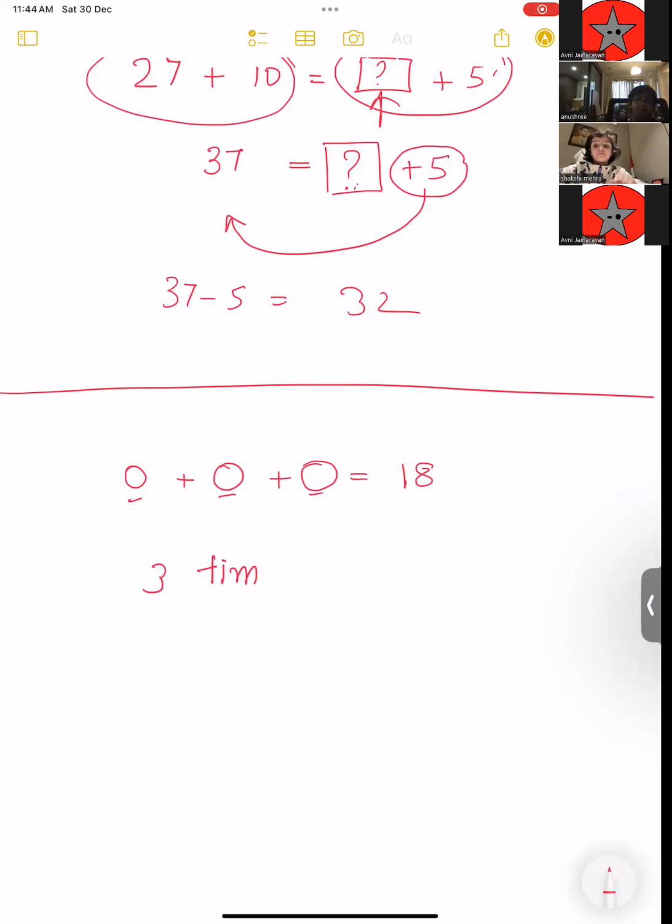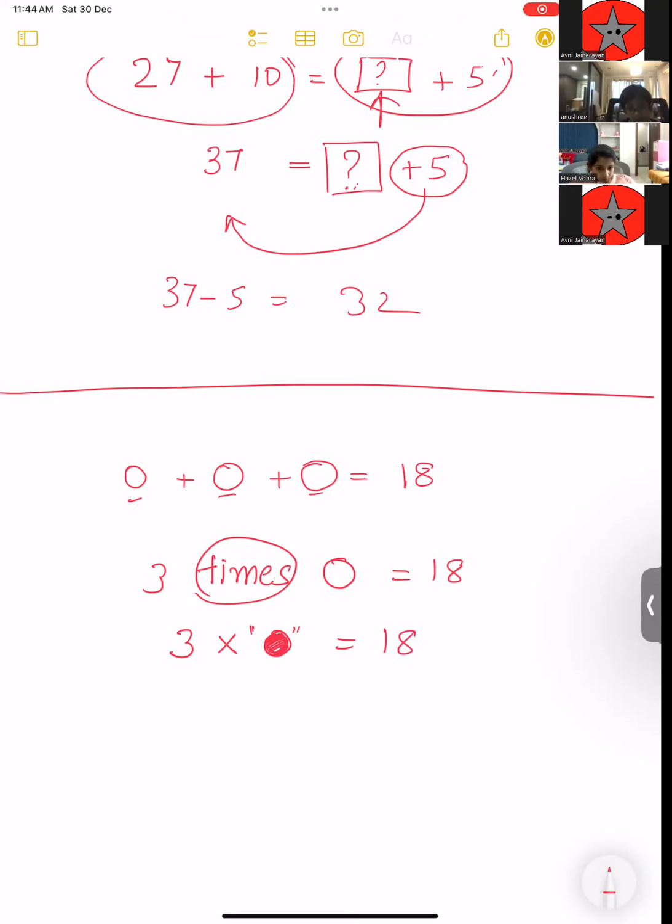So this is how I will write: 3 times circle is equal to 18. What is the symbol for times? Multiplication. I'm keeping the circle like this so that you don't assume it as a 0. Now, if you know the table of 3, you know when 18 comes in the table of 3. 6. So the value of circle is 6.